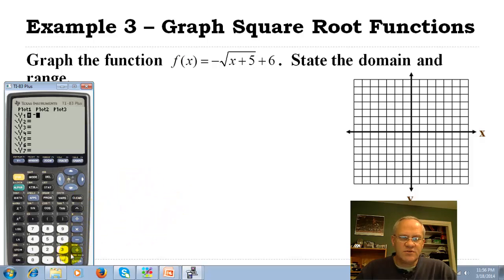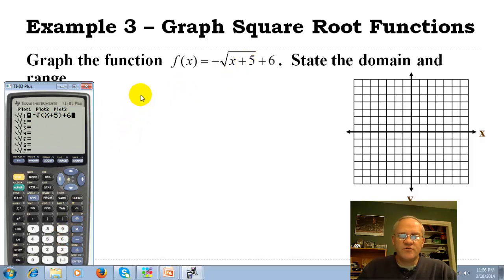So at the beginning, I'm going to type in the negative button, and then second function, square root, gives me the parentheses there, so I'm going to type in x plus 5, close the parentheses, then I'm going to do plus 6. Okay, so this is what I've typed in to get this.